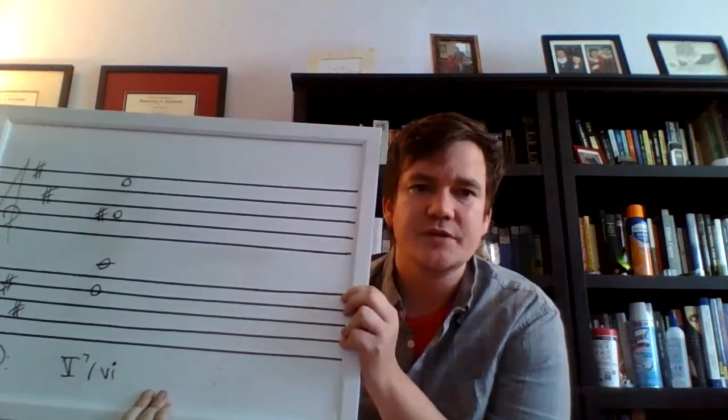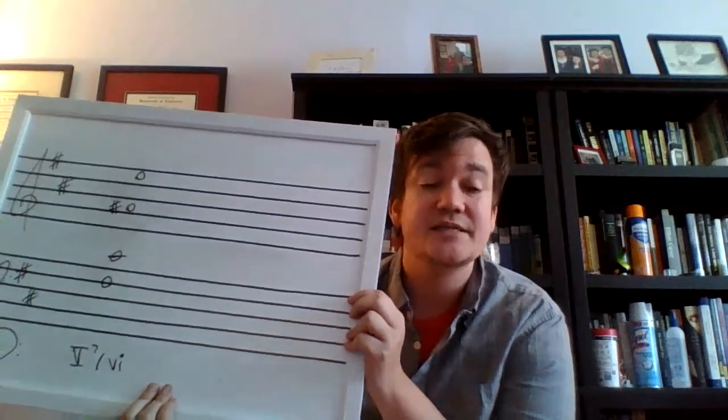So let's take the one we just did, that 5-7 of 6, and let's talk about some inversions with it. So I'll write it back out here. Remember the A sharp, natural, there we go. The first one we're going to see is 6-5, and that's with the 3rd of the chord in the bass.